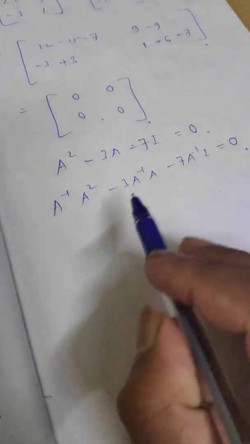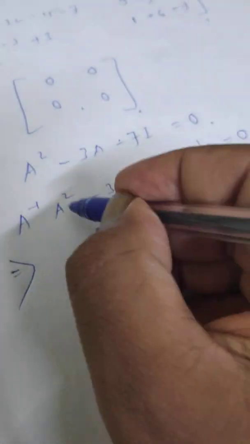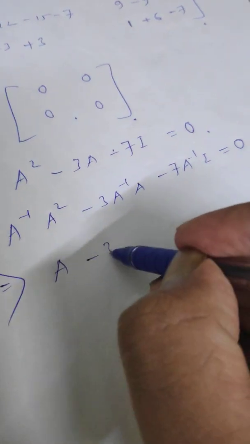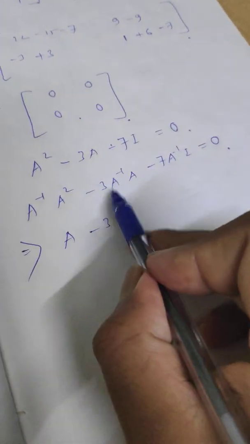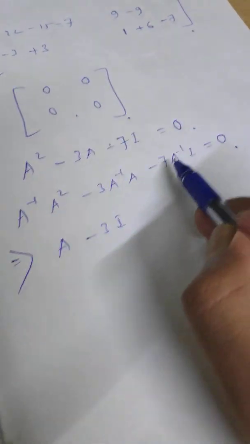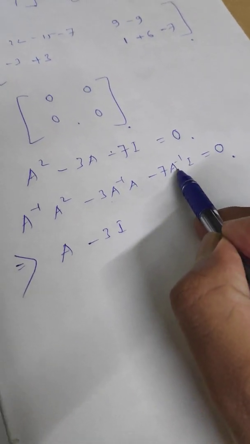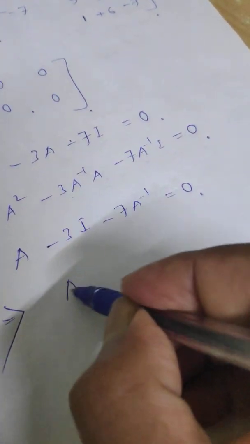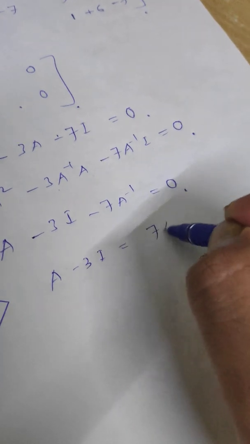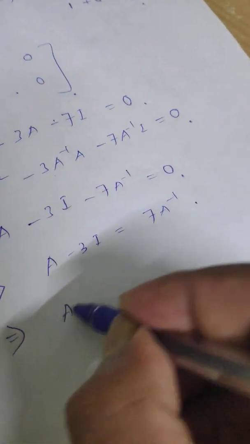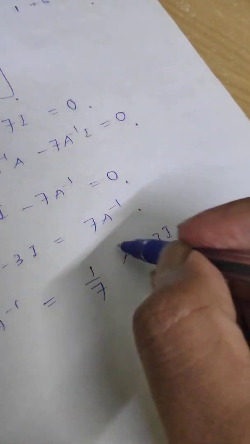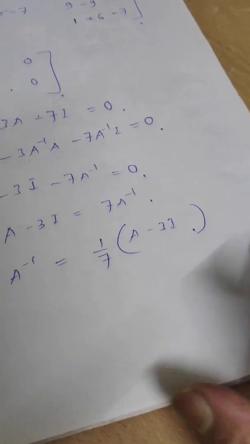A inverse into A equal to I, the property we have just done, and any matrix into identity matrix is the matrix itself. So minus 7A inverse equal to 0. From this, A minus 3I equal to 7A inverse, and we get A inverse equal to 1 by 7 into A minus 3I.